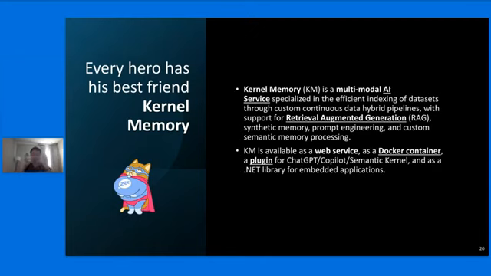This is a very useful tool, and I want you to focus on this, because you can connect Semantic Kernel to everything, add Kernel Memory and put both together working. We're going to do that in some moment.